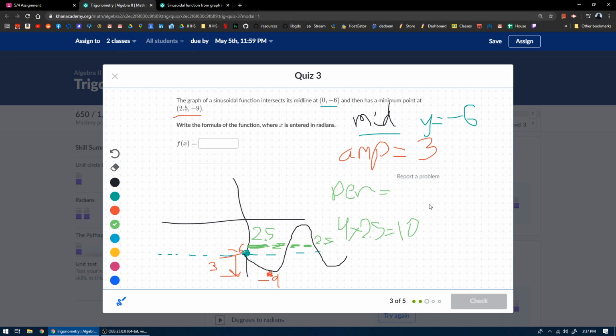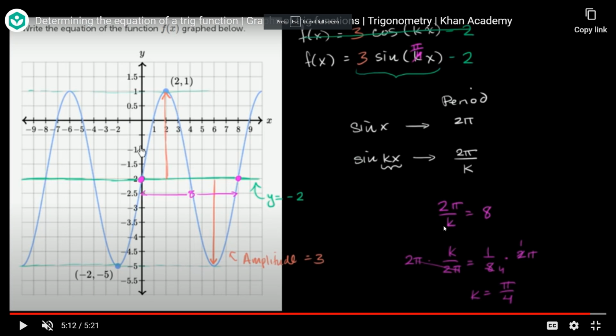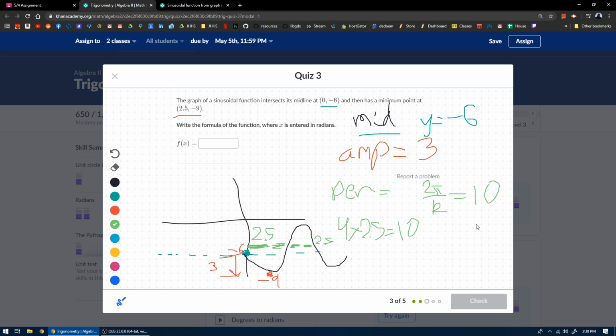Okay, so 2 pi over k is equal to 10. The period is 10 units. Now I need to figure out what k needs to be for this to be 10. You can take the reciprocal of both sides, that helps a lot.